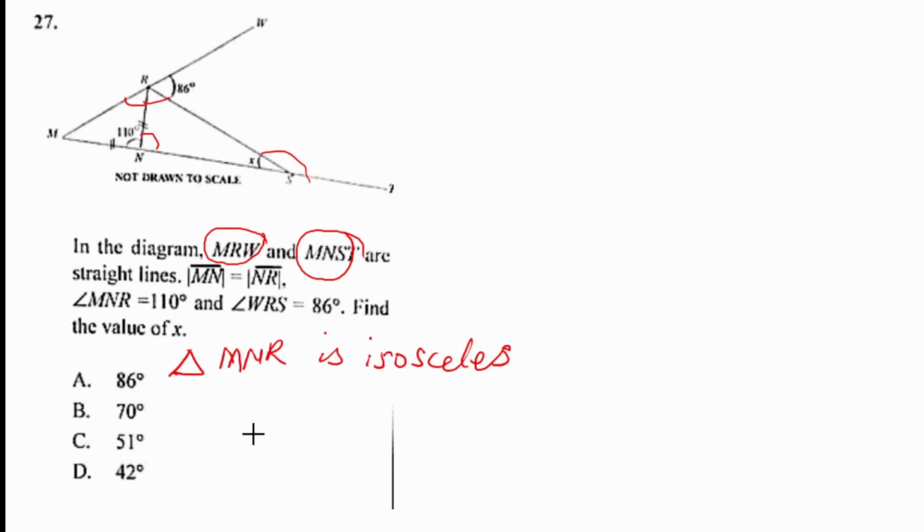And I hope you know what an isosceles triangle is. Yes, an isosceles triangle has two sides equal. So if this triangle here is isosceles, it means that angle M will be equal to angle R. The angle we are looking for is right here.